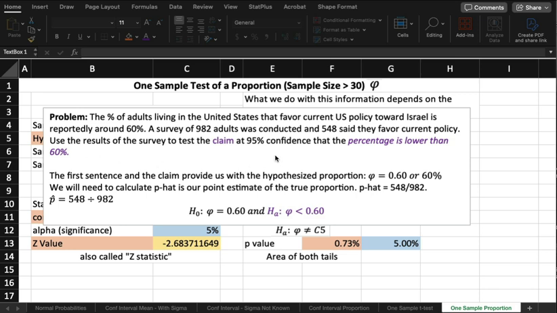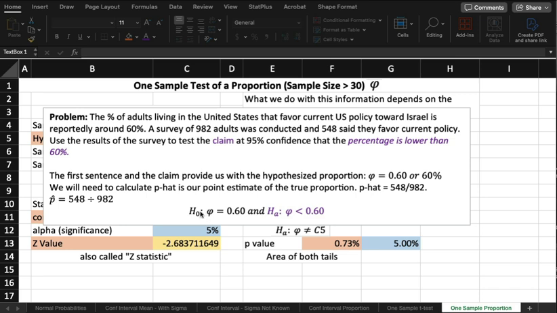So the claim here is going to be our alternate hypothesis, since it's not a statement of equality, it's a statement of inequality, that the percentage is lower than 60%. So our alternate hypothesis is written down below here. HA is that the true proportion phi is less than 0.60.